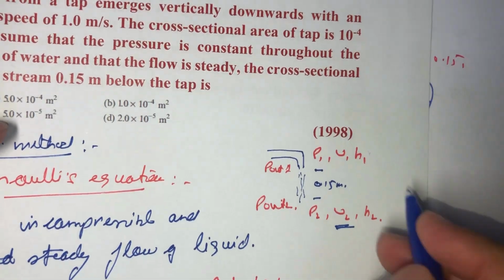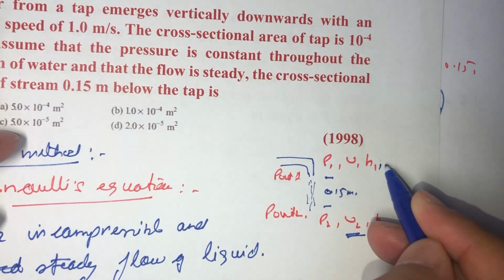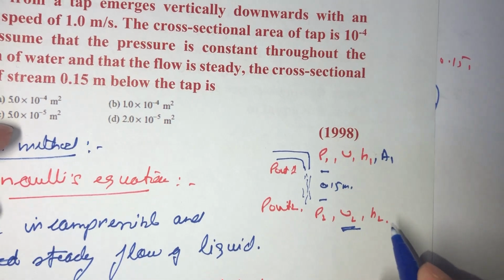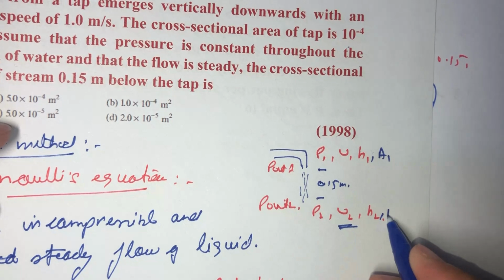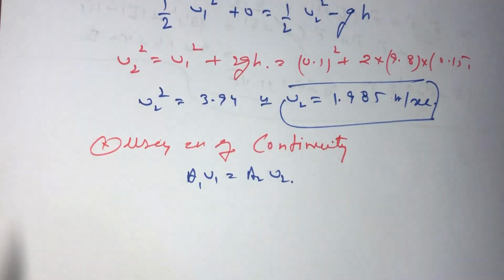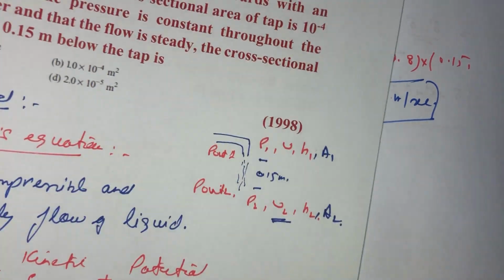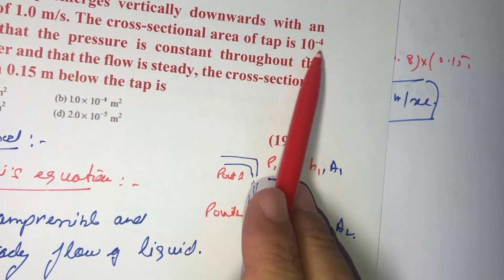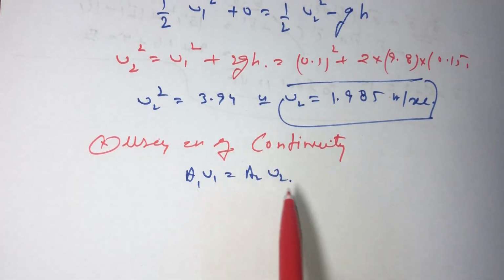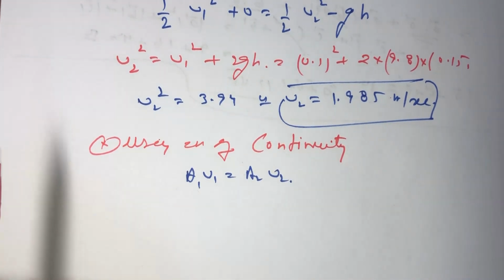So we assume that area at point 1 is A1 and area at point 2 is A2. We already know the area of cross section of the tap is given as 10 to the power minus 4. So A1 is known, V1 is also known, V2 we just calculated.